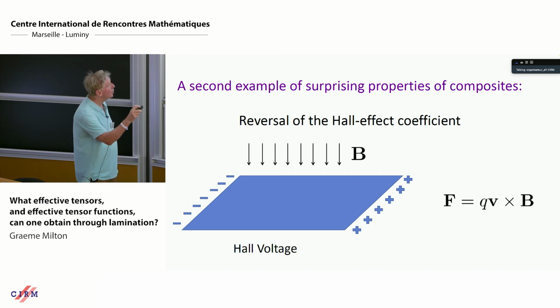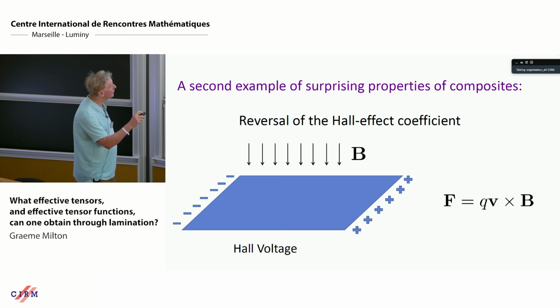But if you've got a perpendicular magnetic field, then you get a force, which is the cross product of the velocity and the magnetic field. And so you get a force in the transverse direction, and that pushes the electrons to the other side, taking them away from this side.